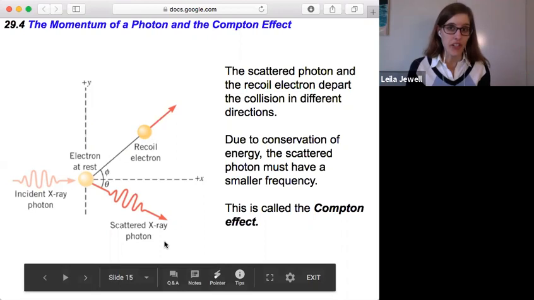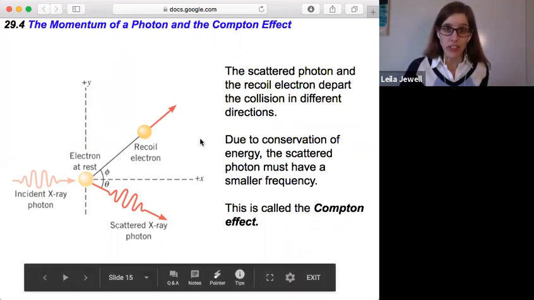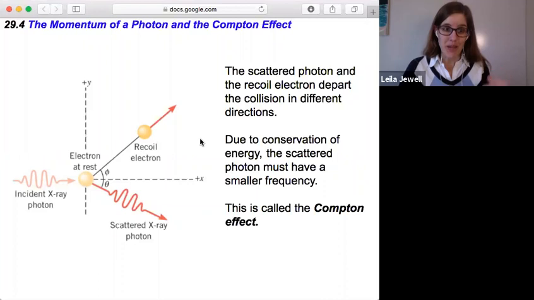Due to the conservation of energy, the fact that the electron is now moving, it gained energy. That energy had to come from somewhere, and it actually came from the light itself. So the scattered photon has a smaller frequency or a larger wavelength because it has given some of its energy to the electron. So this is known as the Compton effect.